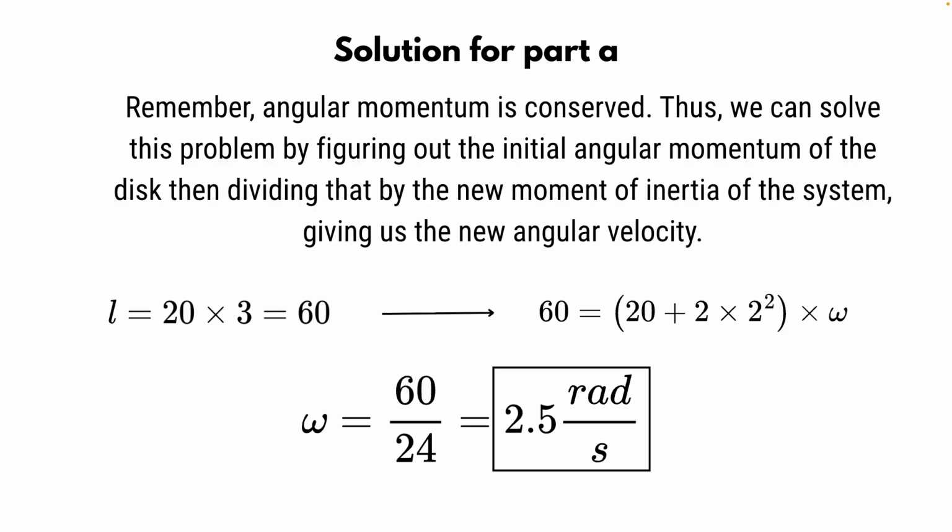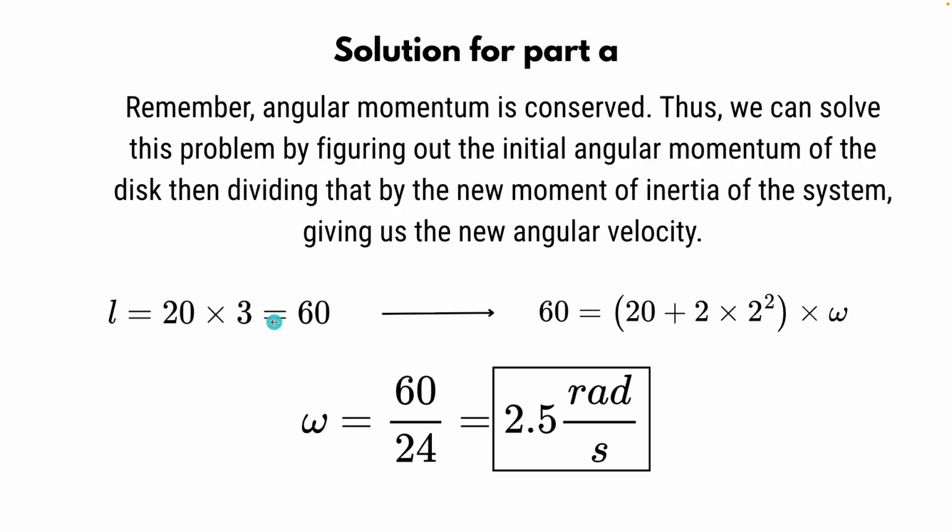So we can solve this problem by figuring out the initial angular momentum of the disk, because it was rotating before, and then dividing that by the new moment of inertia of the system, because once you add the box onto the disk, the box is also rotating with the disk. I probably should have included that in the problem. The whole system has a new moment of inertia. Because the angular momentum stays conserved, we're going to have a new angular velocity to compensate for the new moment of inertia.